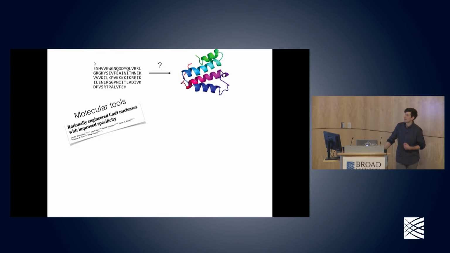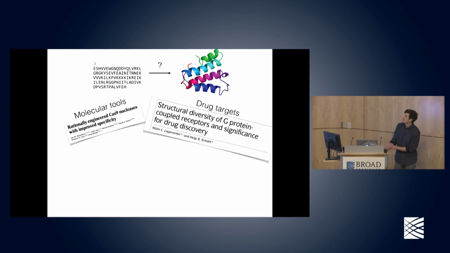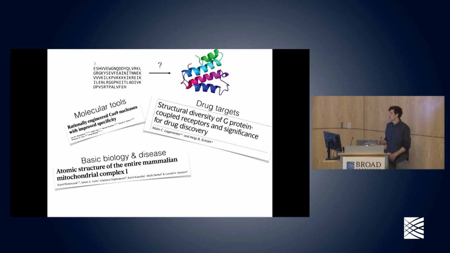For instance, designing molecular tools that can be used in genome engineering or synthetic metabolism. Understanding protein structure is really important to interpreting drug targets and designing potentially new biologics. Of course, classically, understanding protein 3D structure is an important component of understanding biology and disease mechanism.